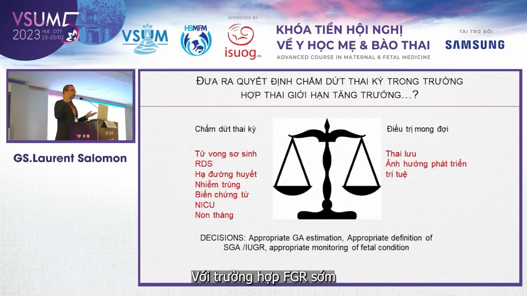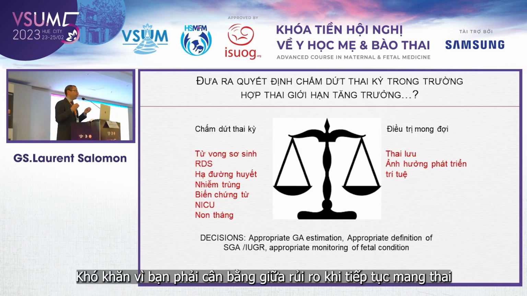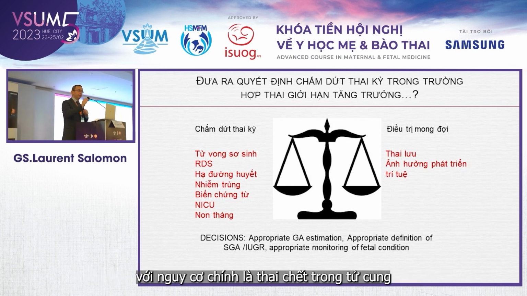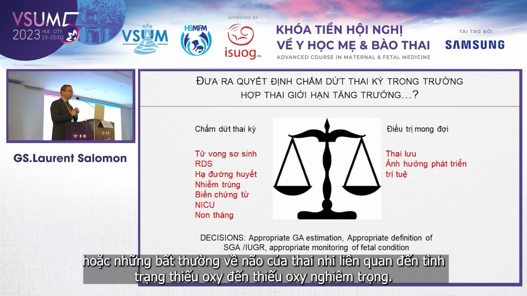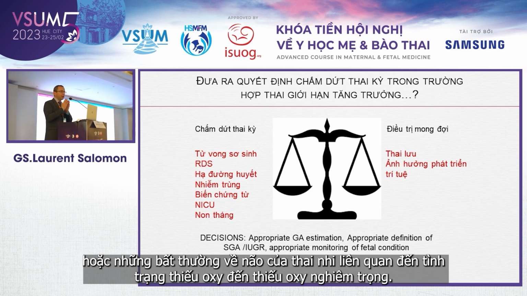And in early fetal growth restriction, which is again growth restriction before 32 weeks, it's difficult because you have to balance between the risk of continuing the pregnancy with the main risk of having intrauterine fetal demise or fetal brain abnormalities related to hypoxemia, to severe hypoxemia.